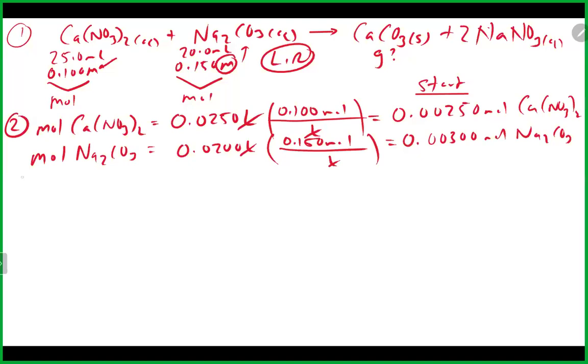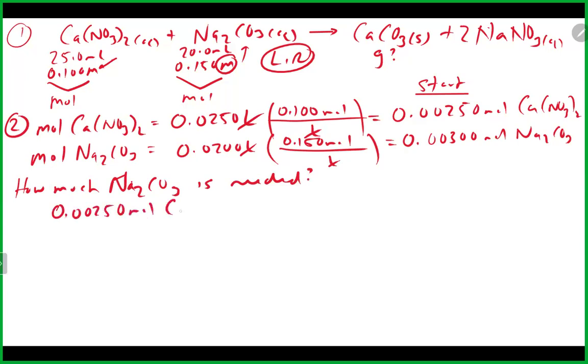So here I'm going to figure out how much sodium carbonate is needed. To do that, I'll take the moles of my calcium nitrate, 0.0025 that I'm starting with. I'm going to now do the mole-to-mole relationship between the two reactants, which from the equation is a 1-to-1 relationship.